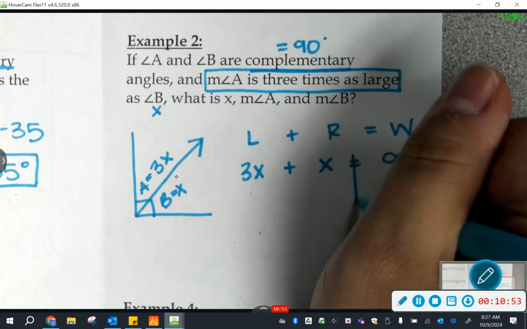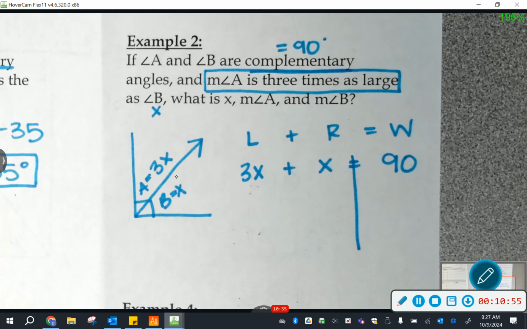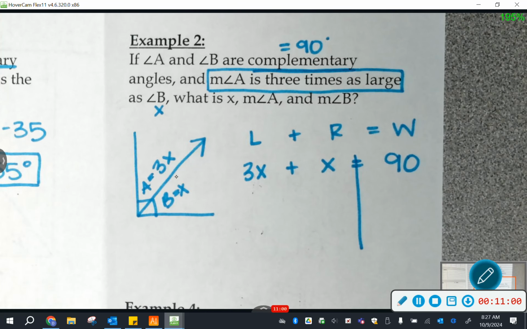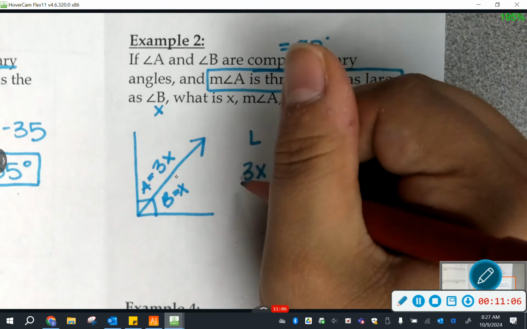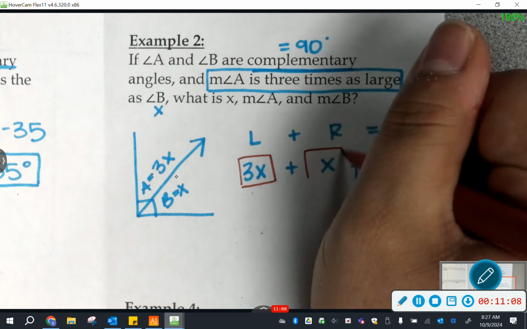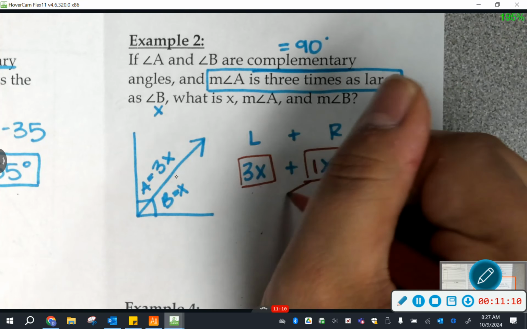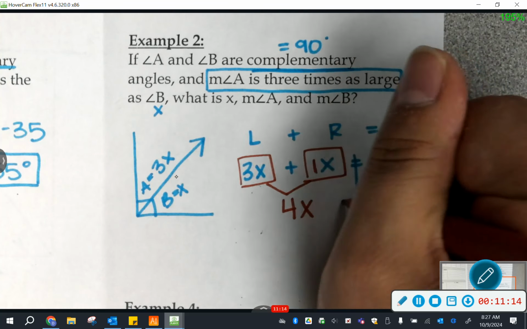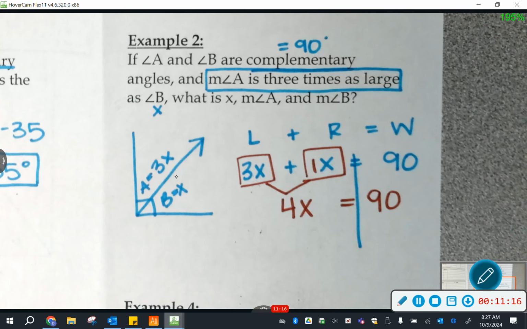And how do I solve this? What do I do now? Say that louder. I add the x's together. Why am I going to add the x's together? Because they're on the same side. So what is 3x plus 1x? So 4x equals 90.